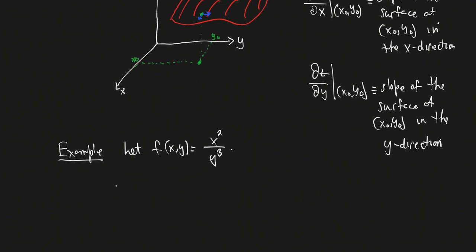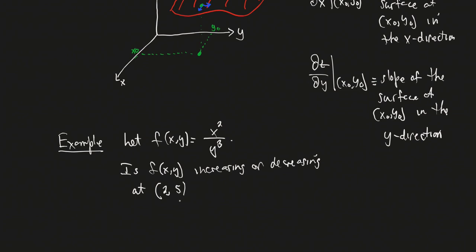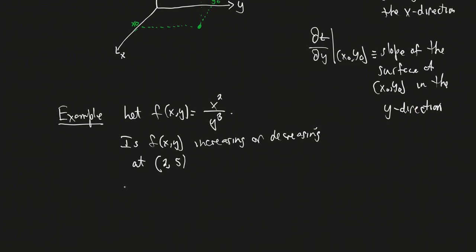So here's the question. Is this function, or the surface, increasing or decreasing at, let's just pick a point, like (2, 5)? But I can't just leave it like that, because then you don't know what direction it is. So in fact, let's do both.